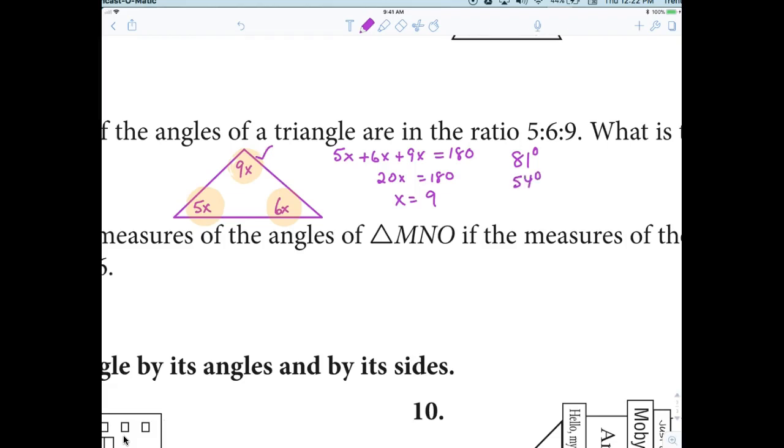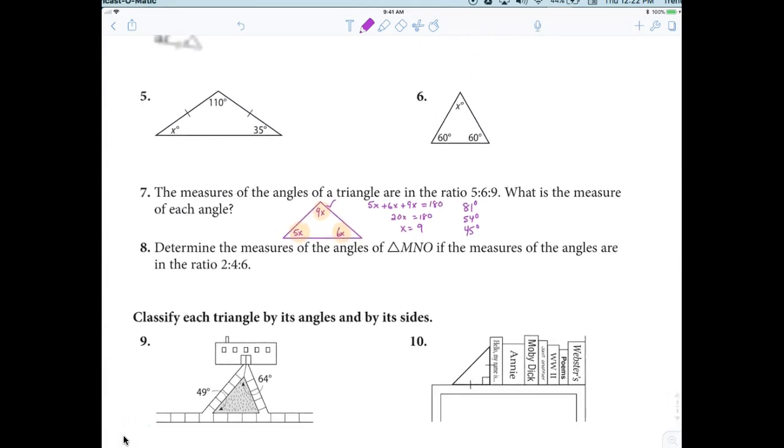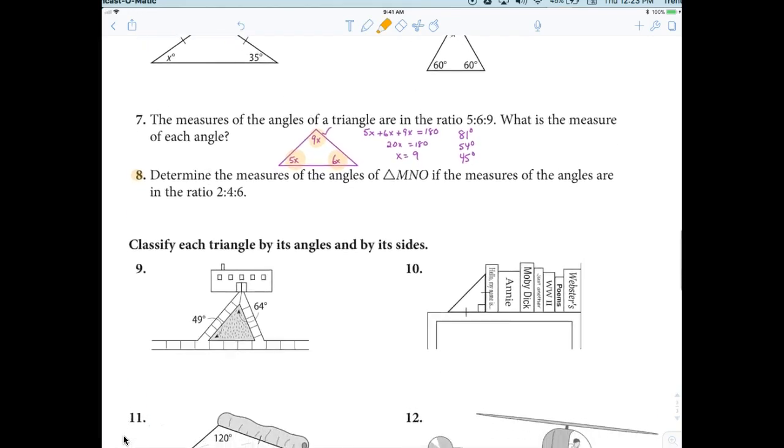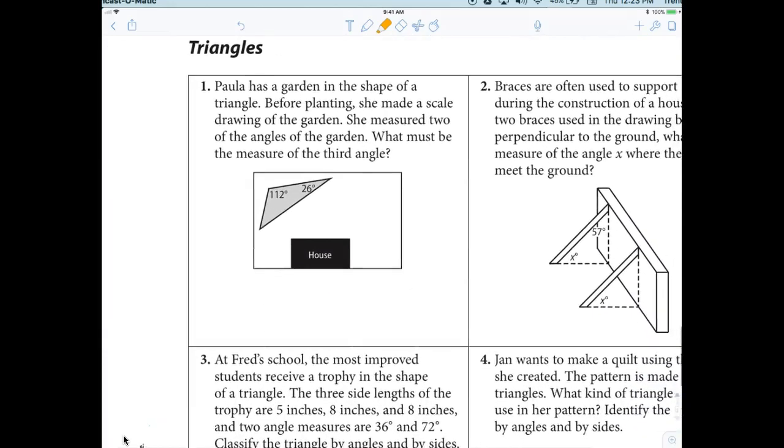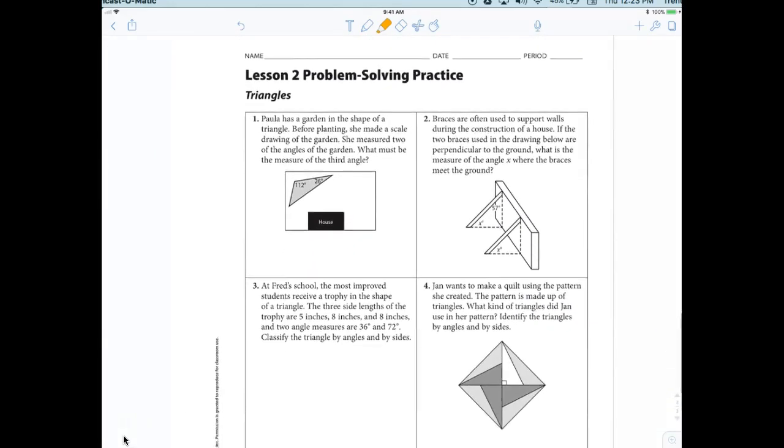Good. And 5 times 9 is 45. Excellent. 45 degrees. All right, so those are the three angles. Very, very good. Now, the only thing it says is find the measures. So now that you can do that, you should be able to do 8 kind of easily. I think you're okay now.